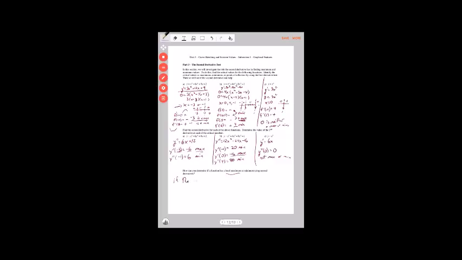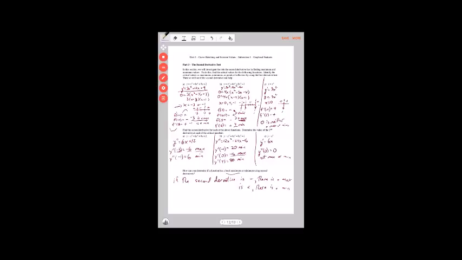So if the second derivative is negative, there is a max. If the second derivative is positive, there is a minimum. It's kind of cool.